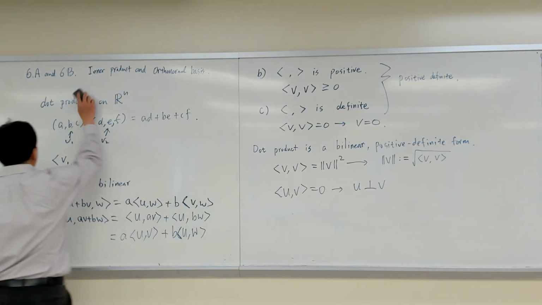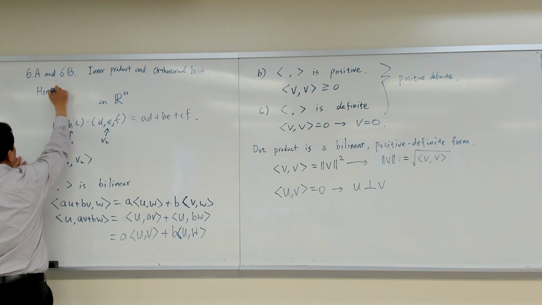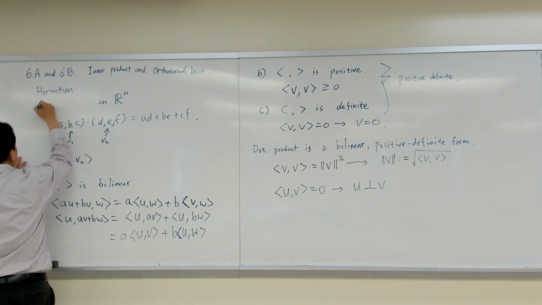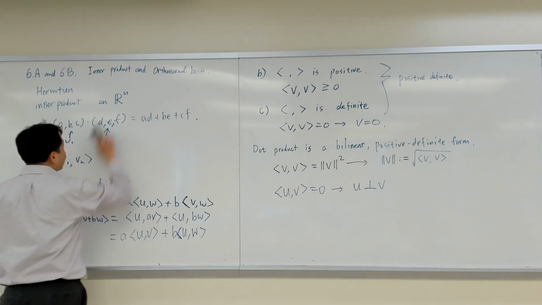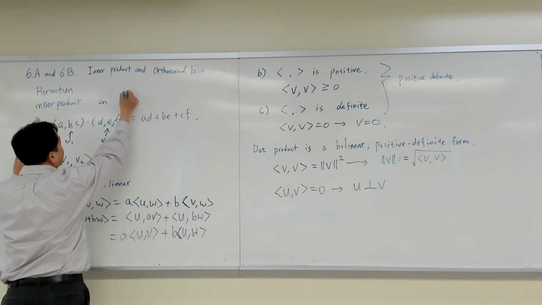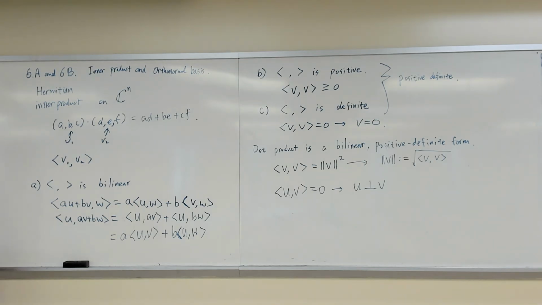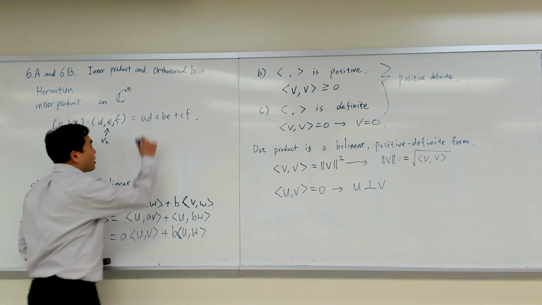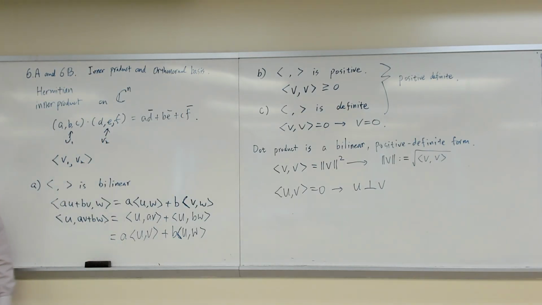There is something called the Hermitian inner product on Cn. The standard Hermitian inner product on Cn is almost this, except that for the second part, you need the bars.